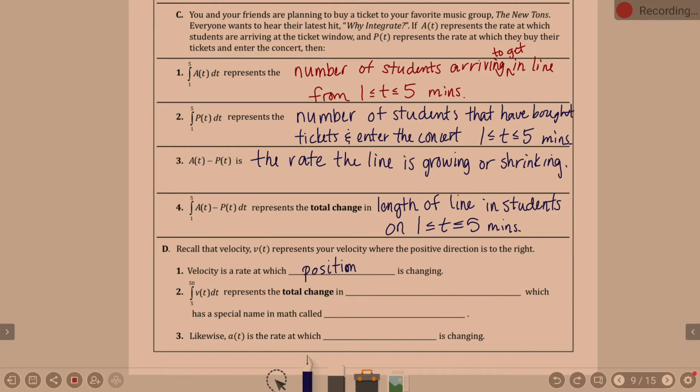The integral of v of t dt from 5 to 50 represents the total change in position on what interval?